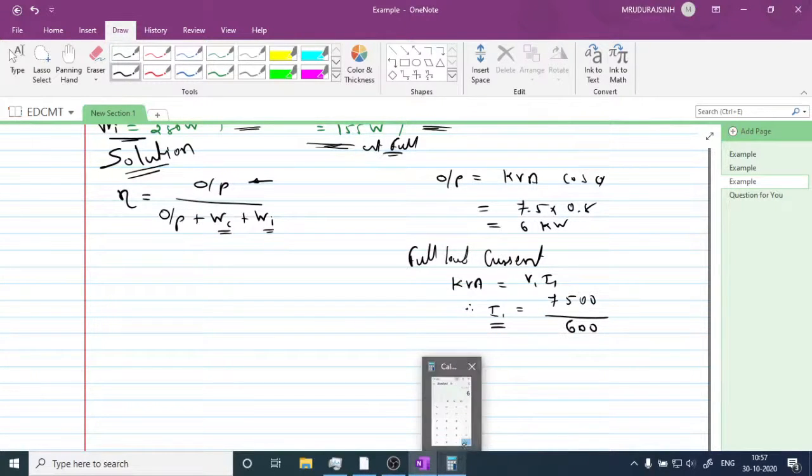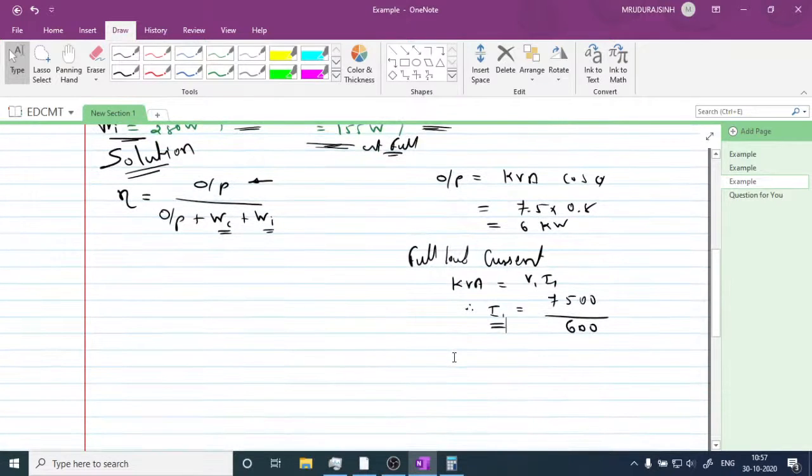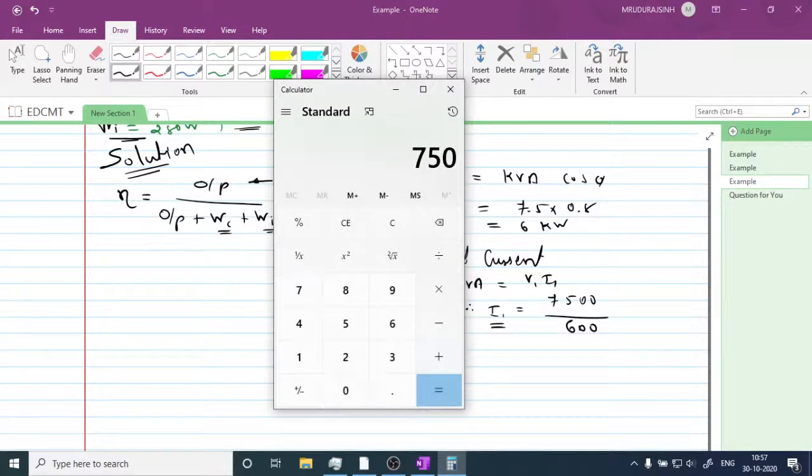Why do we want the current on the HV side? Because we want to know the copper loss, and this test was done referred to the HV side, and that is why we are referring to the HV side. So this is the trick in this example, and this is a good one. So 7500 divided by 600 gives us 12.5 ampere.